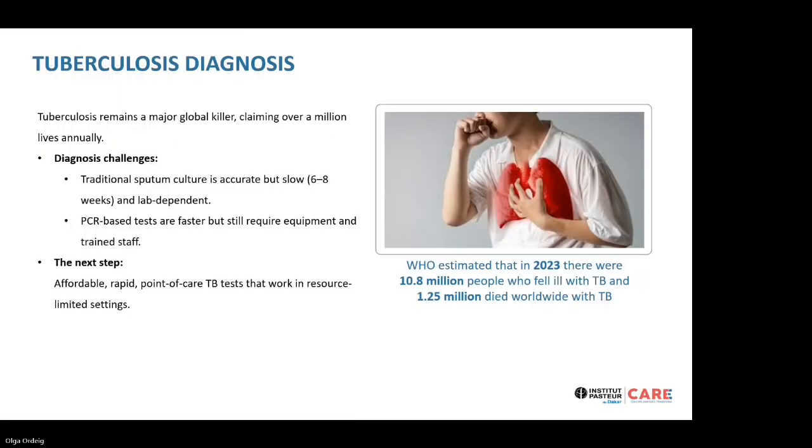Tuberculosis is a bacterial infection that affects primarily the lungs. According to the World Health Organization, in 2023 it killed about 1.25 million people, and there were 10.8 million infections. So it is still one of the main killers worldwide.